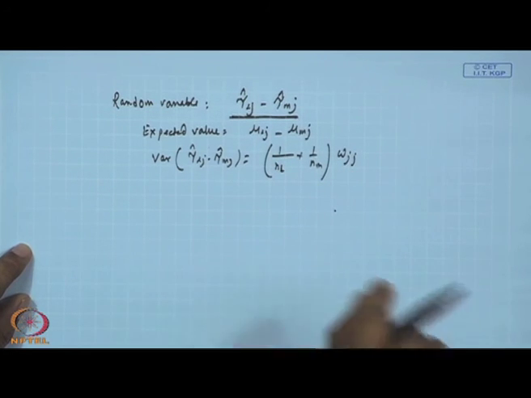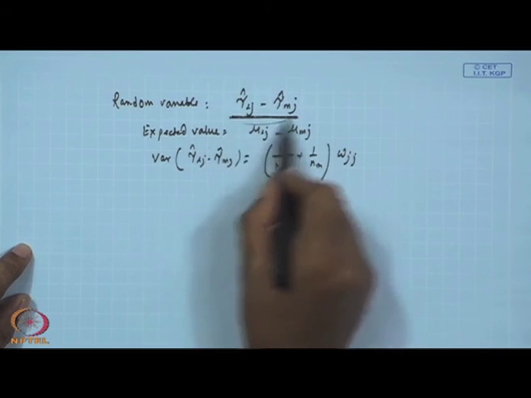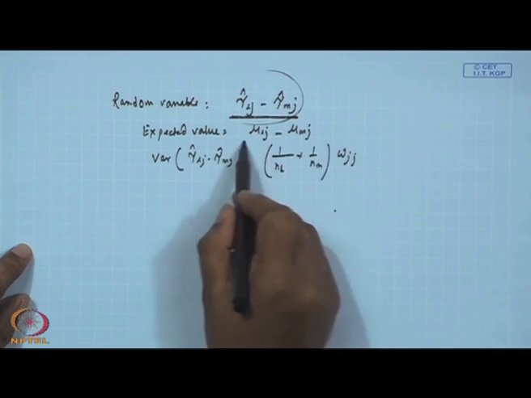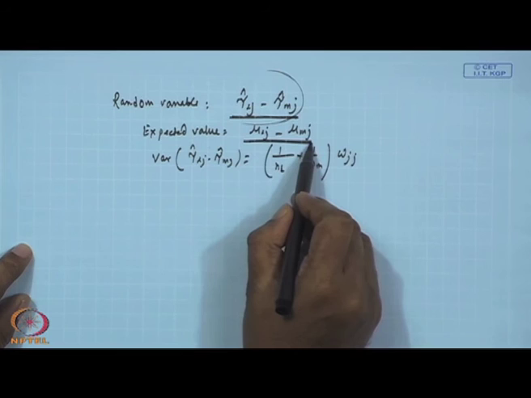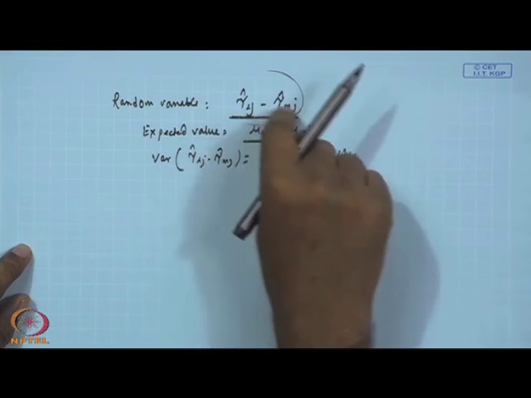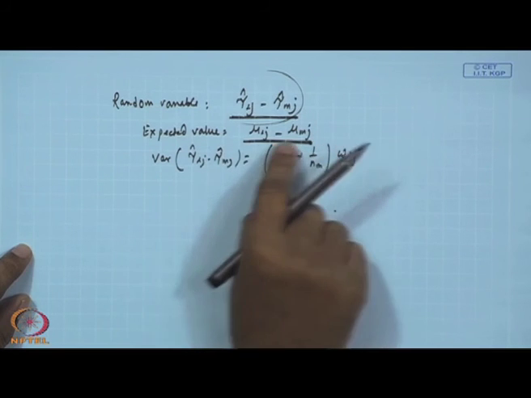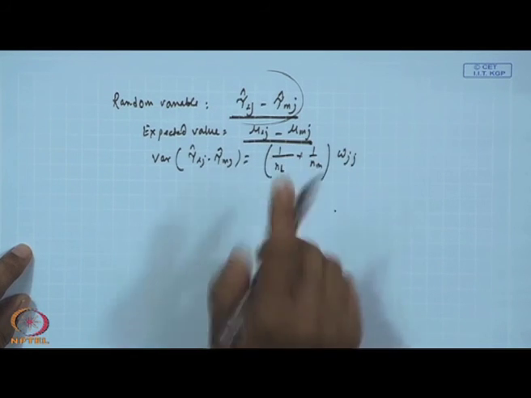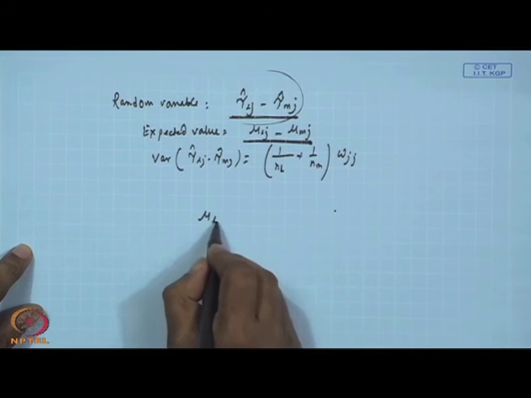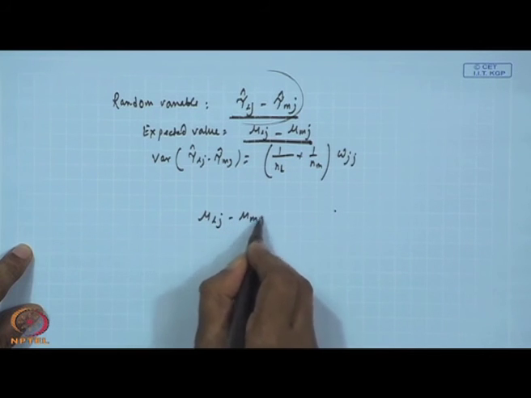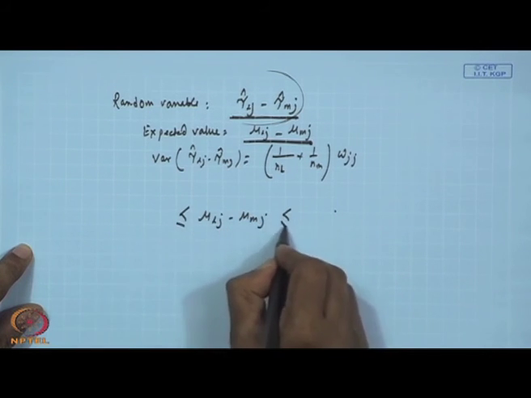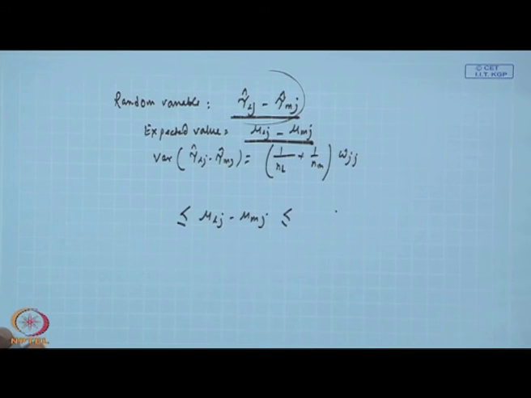Please remember this is a random variable; with its help we want to compute the interval estimate of the mean value, mu Lj minus mu Mj. We want to create an interval.